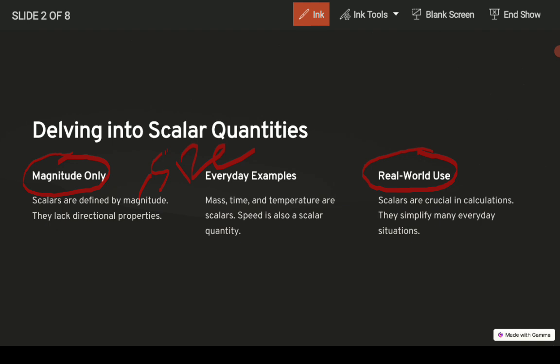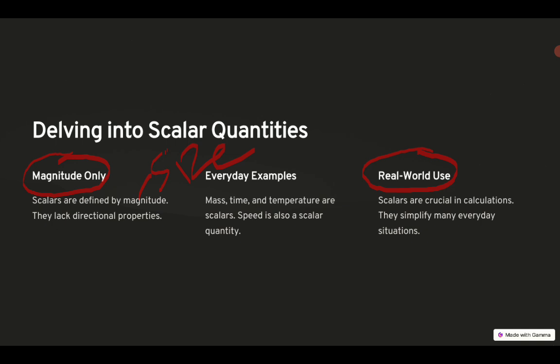So everyday addition and subtraction of things is basically an application of scalar quantities in everyday usage. All right. So what are we saying? We are saying that a scalar quantity is fully defined by its magnitude.